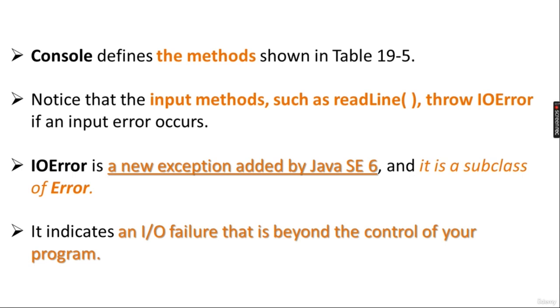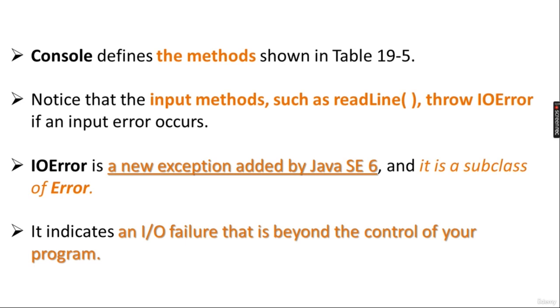Now in the upcoming table, we will see the methods related to Console. Input methods such as readLine throw an error if an input error occurs. The readLine method will read the complete line, and if there is an error, it will throw an IOException. There is also a new error added by Java 6, IOError, a subclass of the Error class. It indicates that an input output failure has occurred that is beyond the control of your program, because, for example, the console is not available. So you cannot do anything in this case.